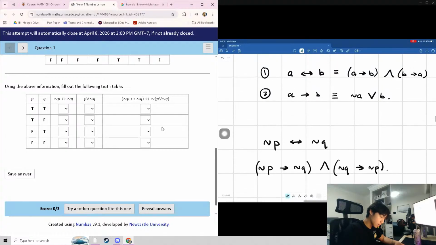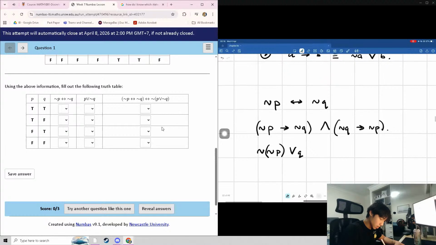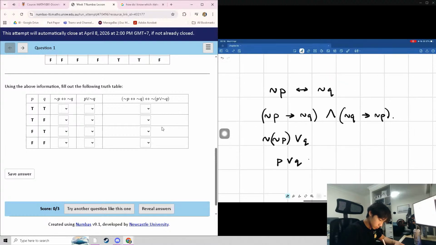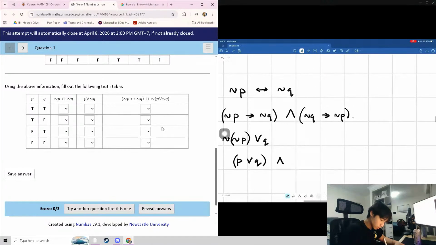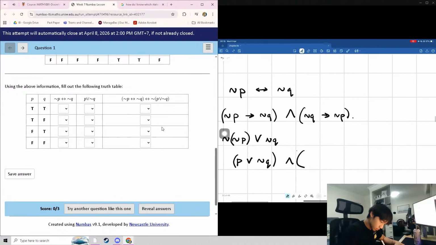And once again, we're going to put the double negation here, or Q, which cancels, giving P or Q. Oh, my bad. Not Q. So P or not Q, and Q or not P.